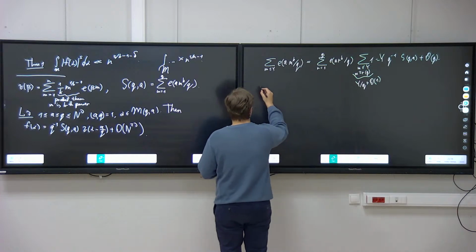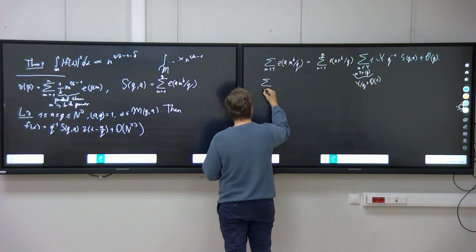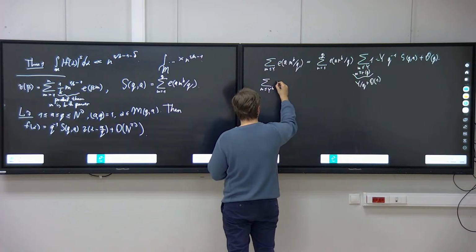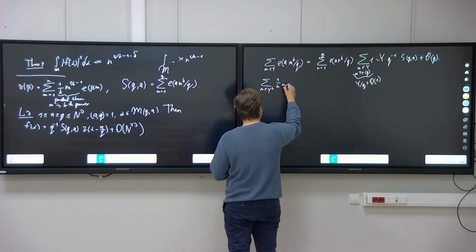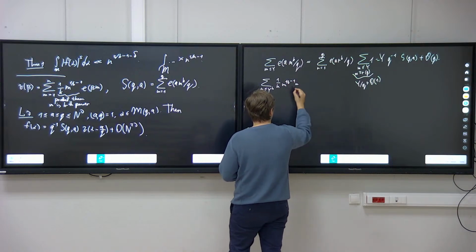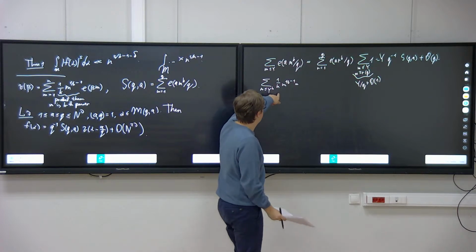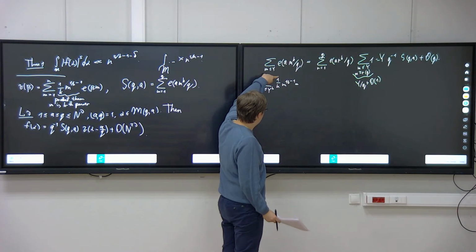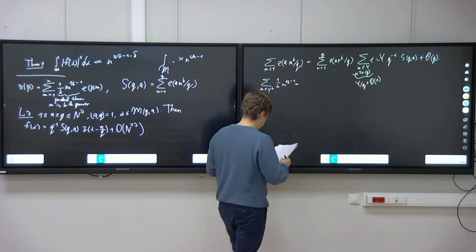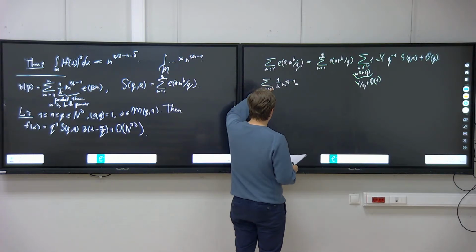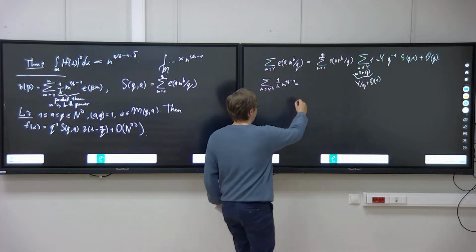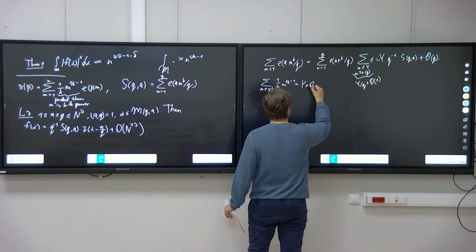And what about such a sum, 1 over k m to the power 1 over k minus 1? You see, the integral of such a function is just y. So it's y plus big O of 1.